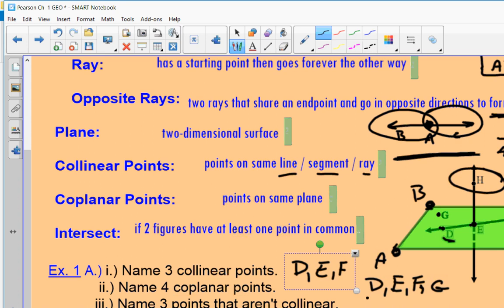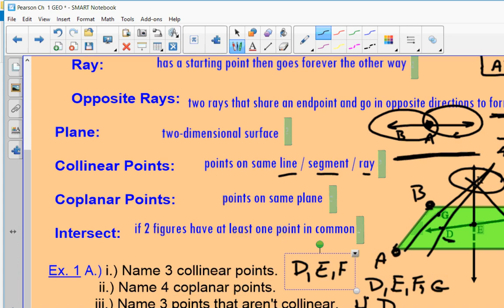Okay. Now name 3 points that aren't collinear. And this one actually has more than one answer. And let's take H. H has been sitting up there and we're ignoring it. H would be not collinear with F. It's not collinear with G. It's not collinear with D. So that helps us a little bit. So I could say H and D, let's say, and then one other point.